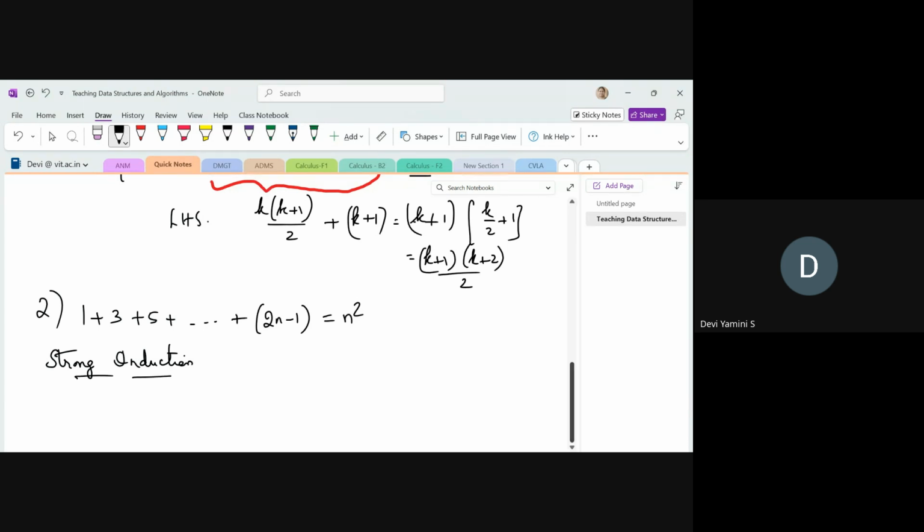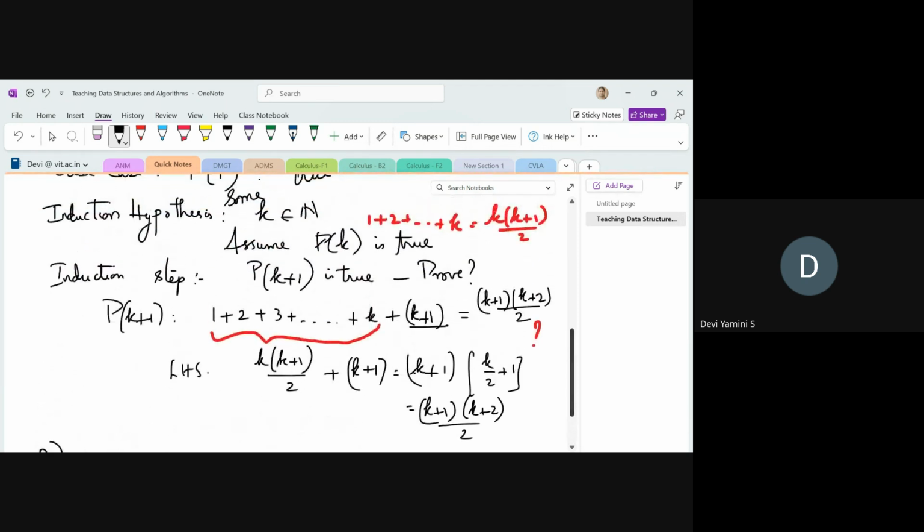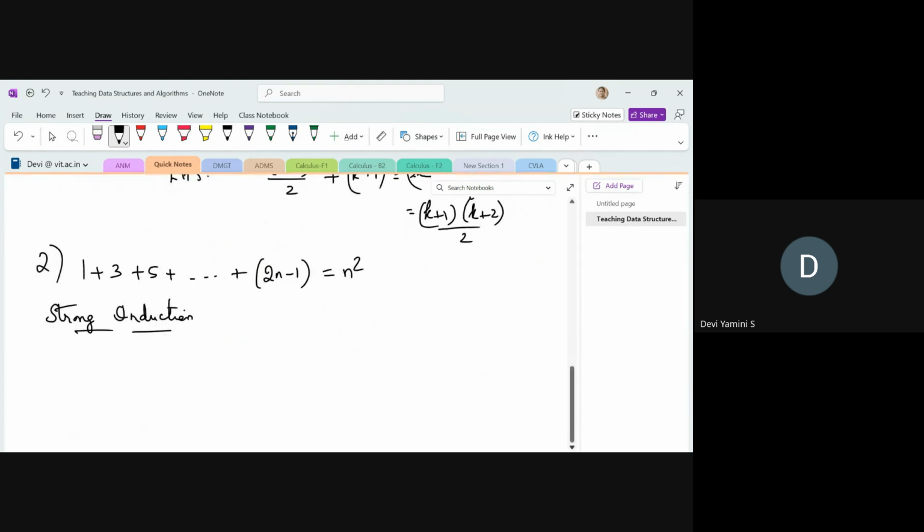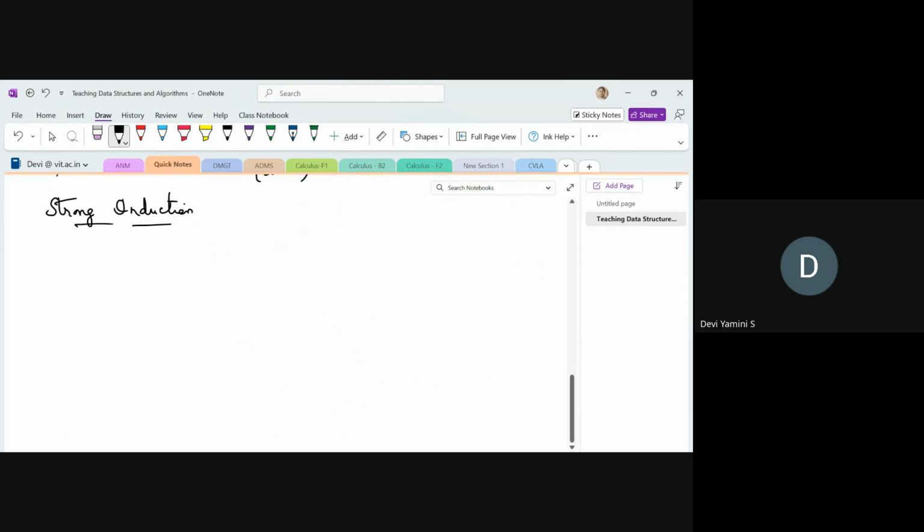So what's the difference between the previous methodology and the strong induction? Here you see that you have the base case to be the same. P of 1 is true, or any particular value P of A is true. You can prove that.